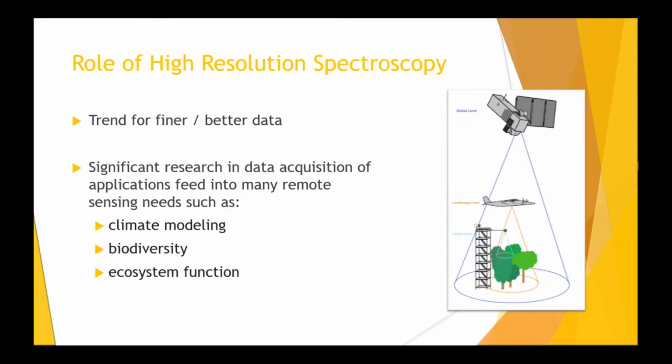On the right, you have a detailed schematic of these different scales of platforms, and you can see their different fields of view and different types of information that they're characterizing.